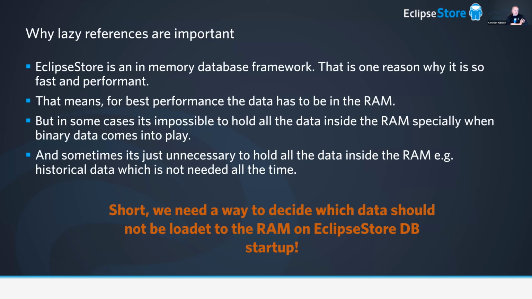But in some cases, it's impossible to hold all the data inside the RAM, especially when binary data comes into play. Whenever you have to store photos or binary files or blobs, you should always use the lazy mechanism. And sometimes it's just unnecessary to hold all the data inside the RAM.